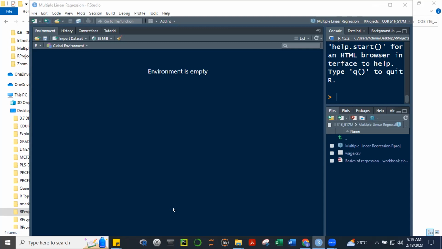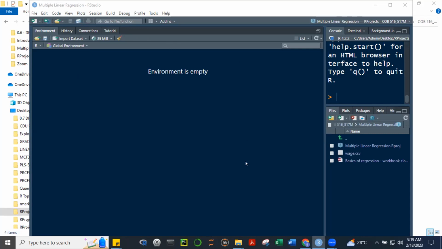Alvin, okay. Anyone not done? Mark, okay. Anyone who needs a few more seconds to load the data and the file inside the project multiple linear regression? I think everyone's done.